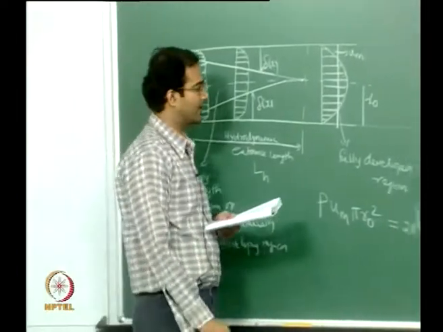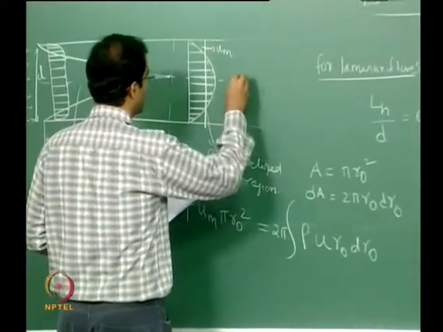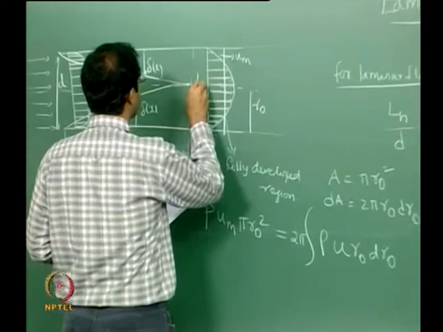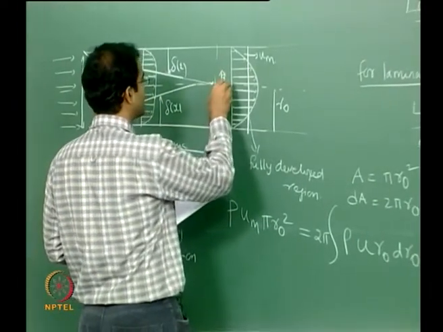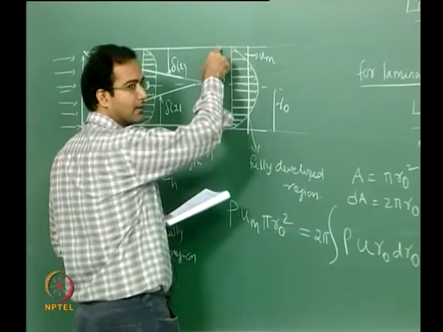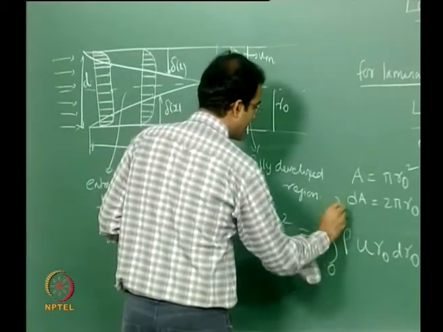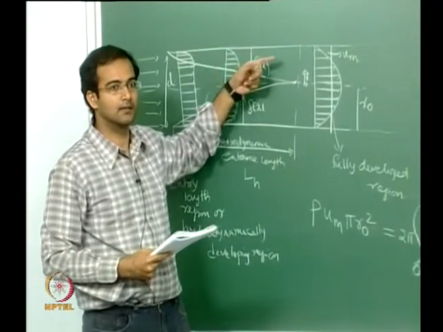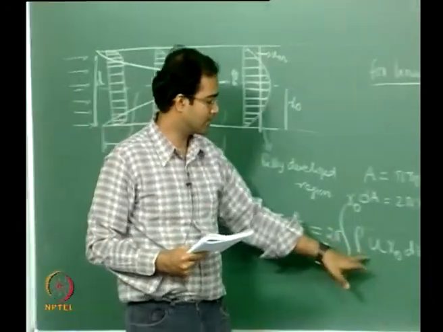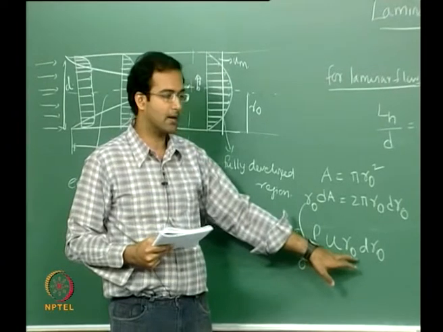Correct? So I have to integrate from, if I take the coordinate from the center, this is 0 and this is r naught. Okay, so I integrate my profile across the entire cross sectional area. So that will be rho u into r naught into dr naught.